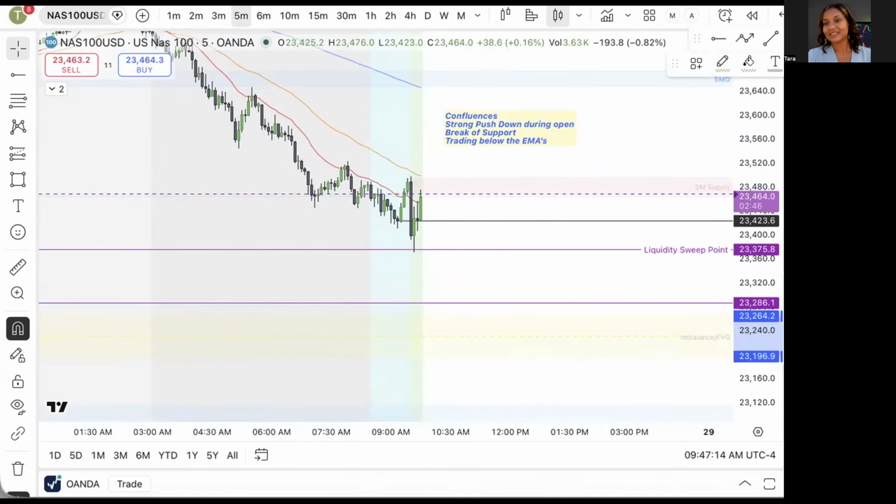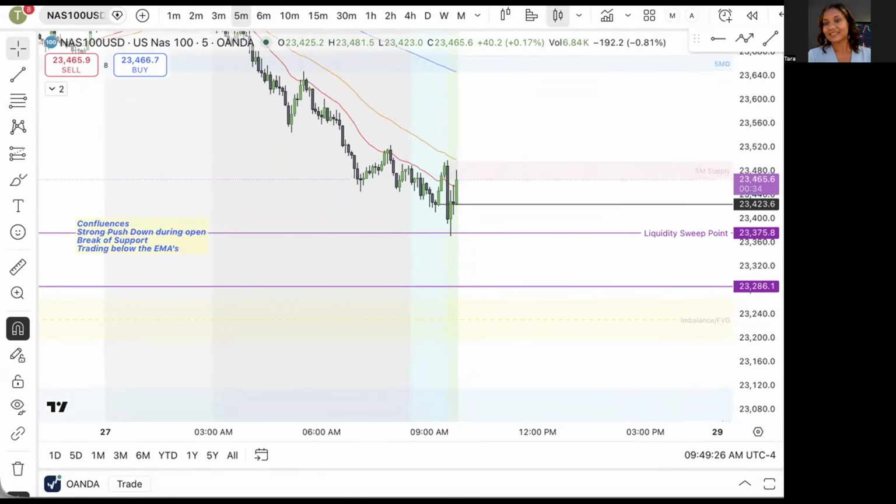And now we don't enter the trade yet. Now we're going to wait for a signal. We're looking for either an engulfing candle or a 3-bar reversal.